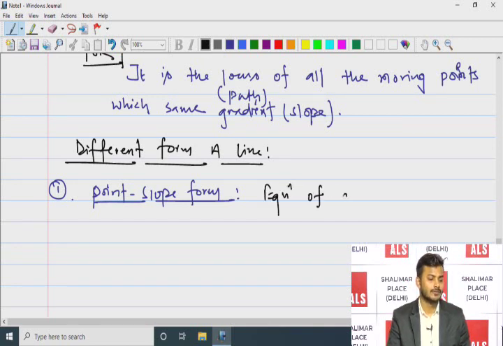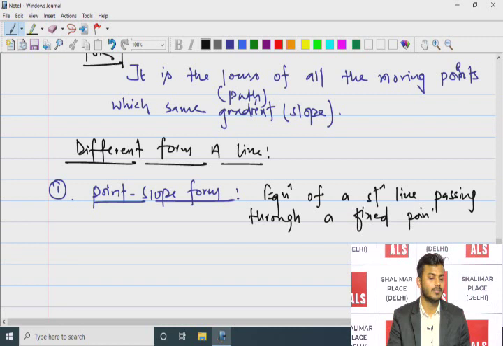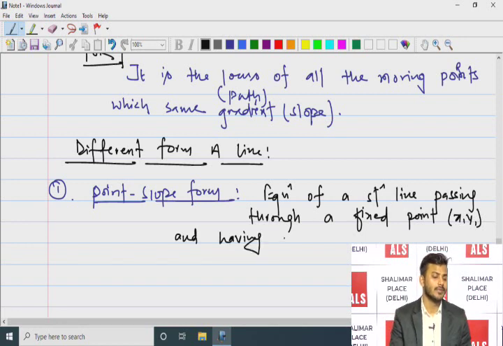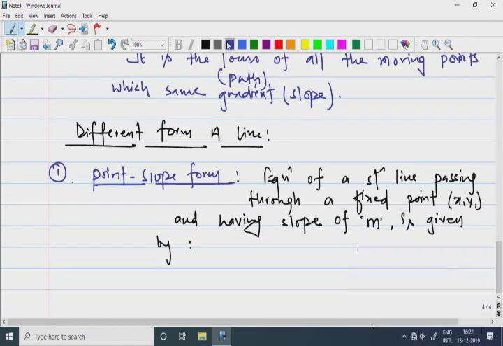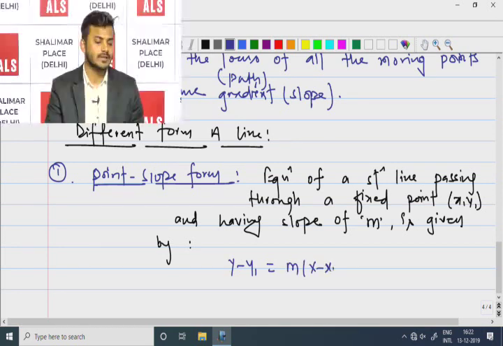The equation of a straight line passing through a fixed point (x1, y1) and having slope m is given by y minus y1 equals m times (x minus x1).